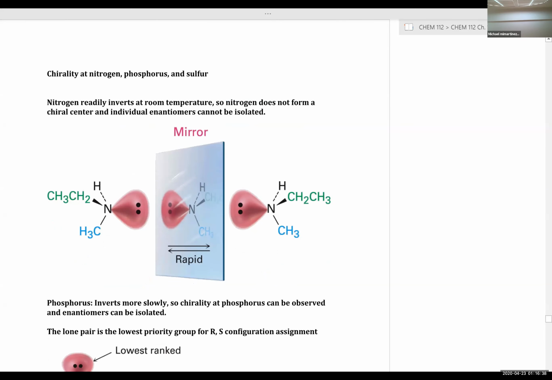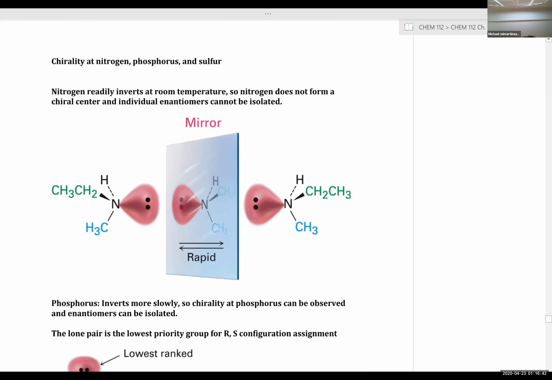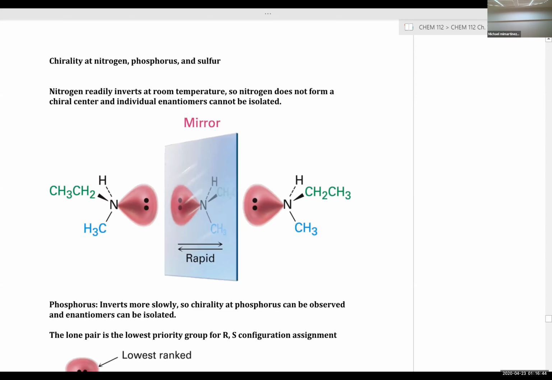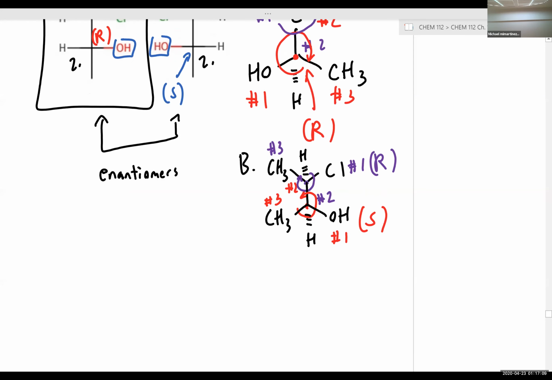Let's talk a little bit about chirality at nitrogen, phosphorus, and sulfur. So nitrogen readily inverts at room temperature. So nitrogen does not form a chiral center. The assignment is unique for each molecule, and it really depends on the relative position of the substituents. You could have, for example, RR or SS.